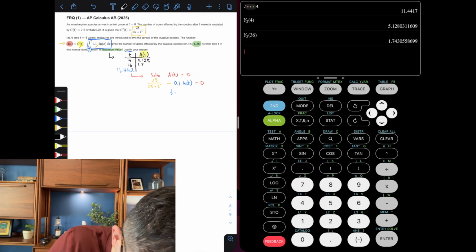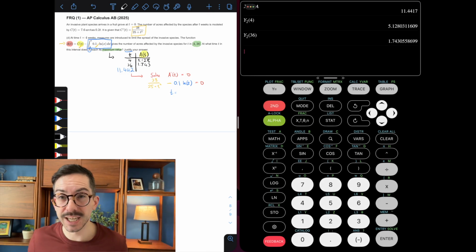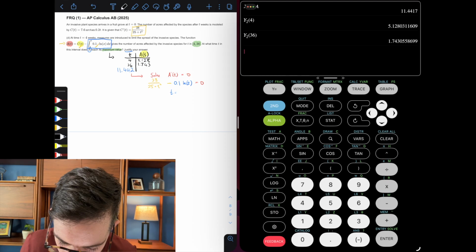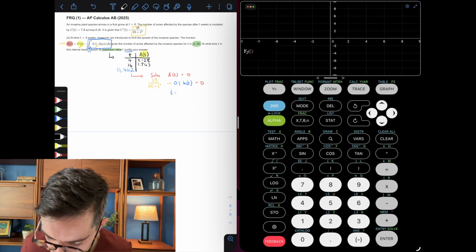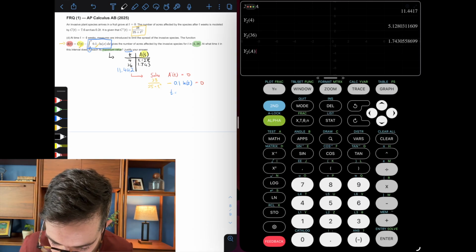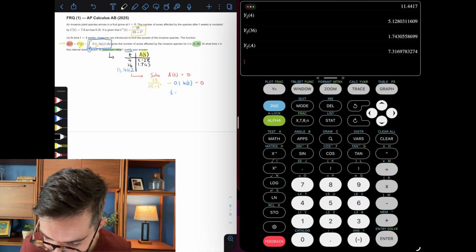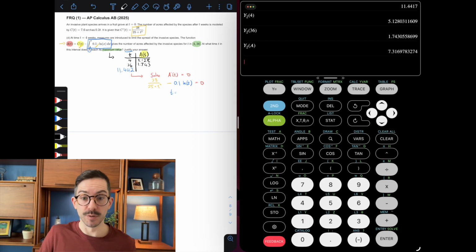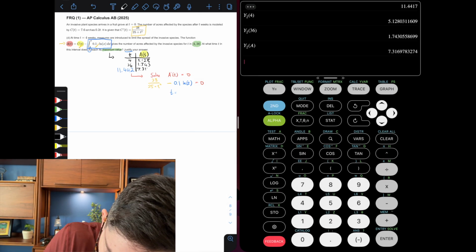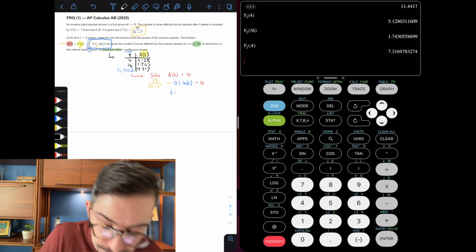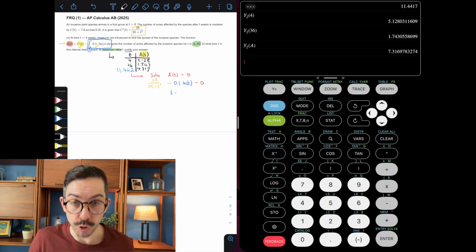When I do that, I get 1.743 to 3 decimal places. Now if I call alpha trace one last time, y2, this is when I'm going to call up that stored variable a. That was when t was 11.442, and this gives me 7.317 as my value there.